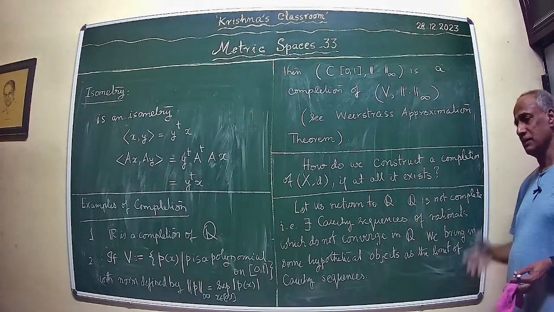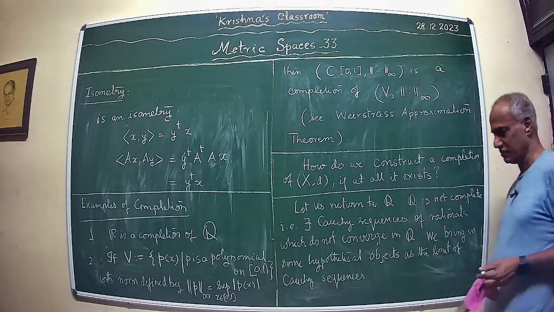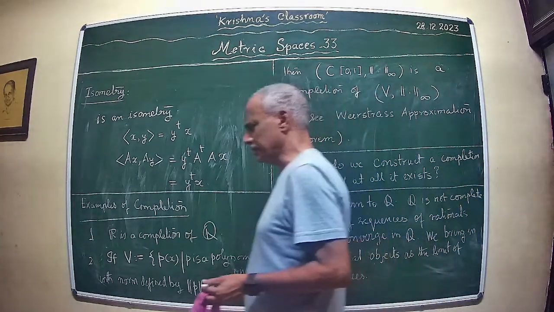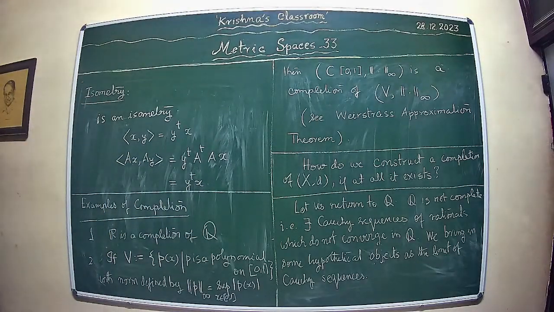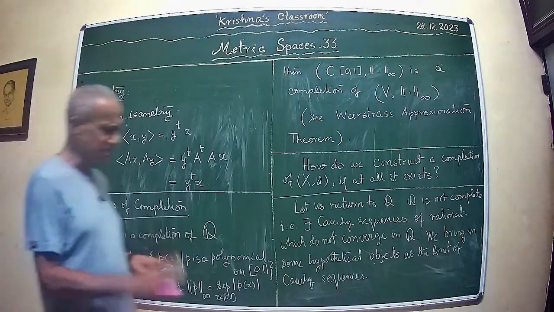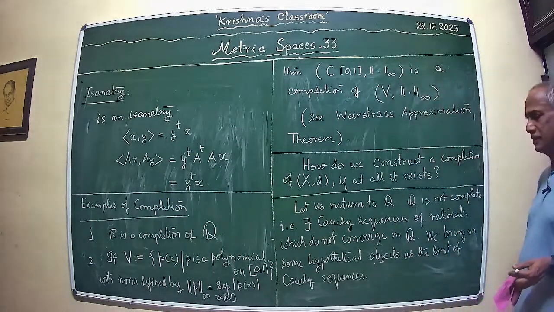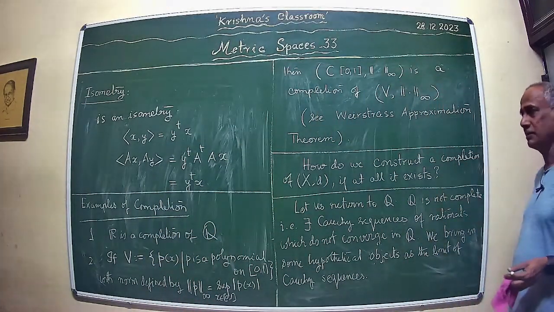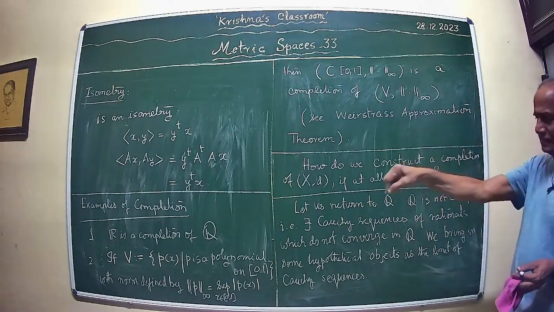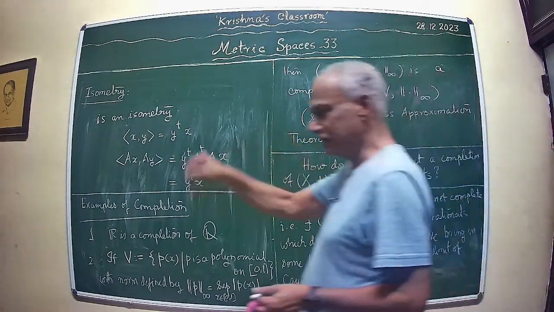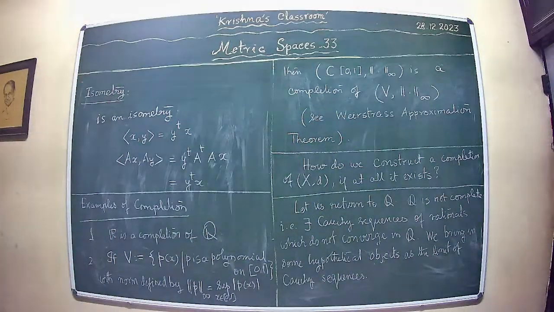For example, if you take any rational number, then consider the sequence where all the elements of the sequence are the given rational number. Then you see that it's a Cauchy sequence, and that can be identified with a rational number.